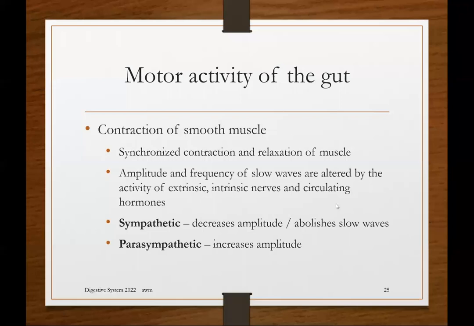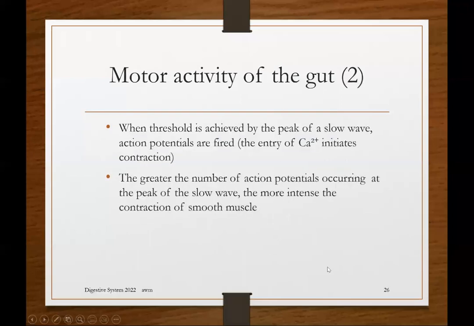To generalize, when the sympathetic nervous system is stimulated, you get a decrease in the amplitude of the slow waves in the gut, and sometimes it can even abolish the slow waves altogether. Whereas when you stimulate the parasympathetics, generally you get an increase in the amplitude. So the effects are opposite to each other.